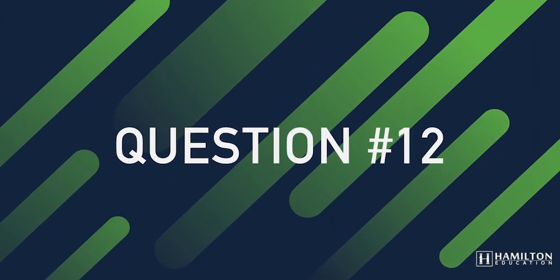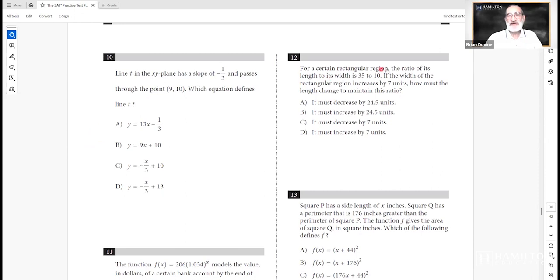Question 12. In question 12, for a certain rectangular region, the ratio of its length to its width is 35:10. And if the width of the region increases by 7, by how much must the length change to maintain this ratio? Well, there's a bunch of ways you can look at this thing. If you consider the rectangle, we would have had the fact that the ratio has to be maintained 35:10 in whatever we do.